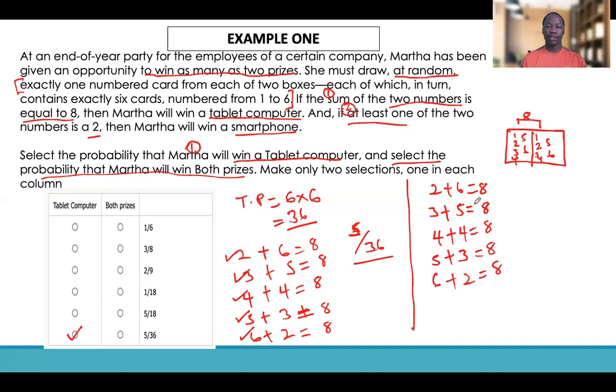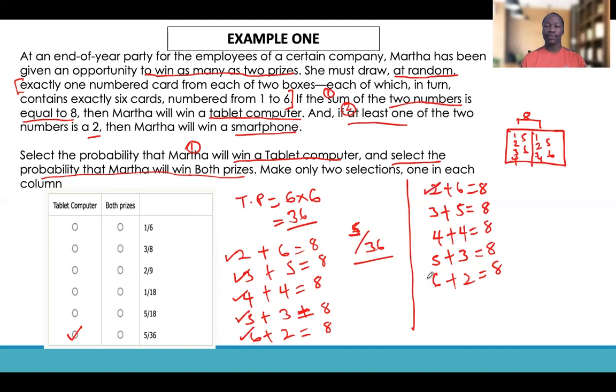Alright, so these conditions meet the scenario, or these combinations are what you have found in the first case scenario that indicate the probability of Martha winning the tablet computer. Secondly, select the probability that Martha will win both prizes, meaning the combinations add up to 8 and that they will have at least a card numbered 2. Right? So in this case, we have two scenarios that have cards that are at least numbered 2.